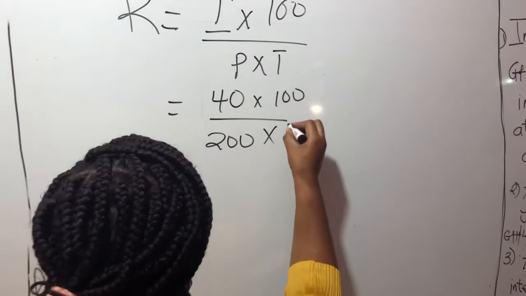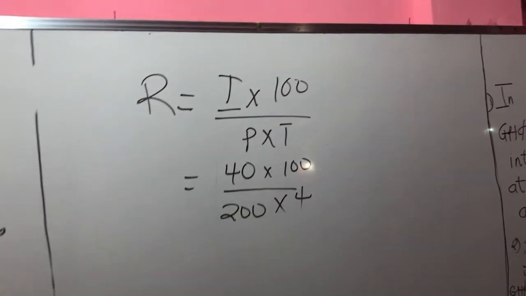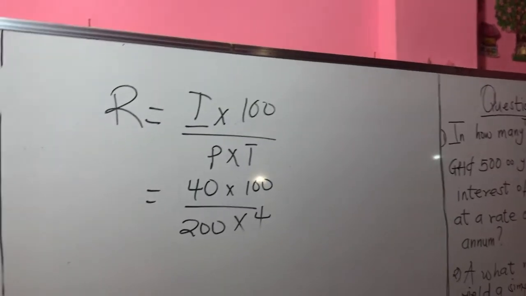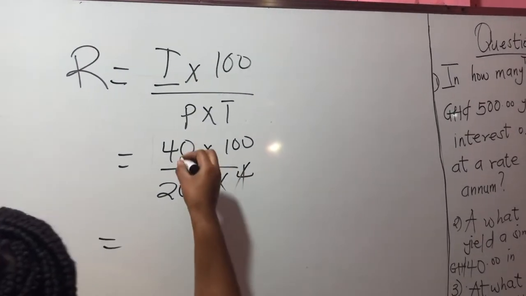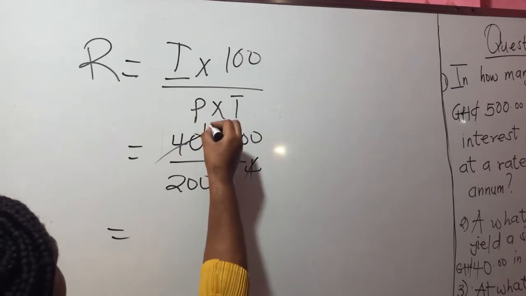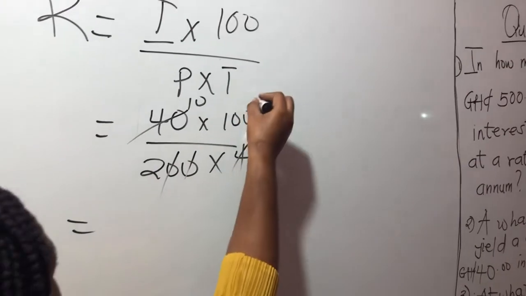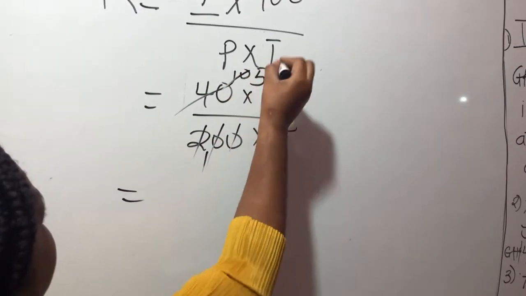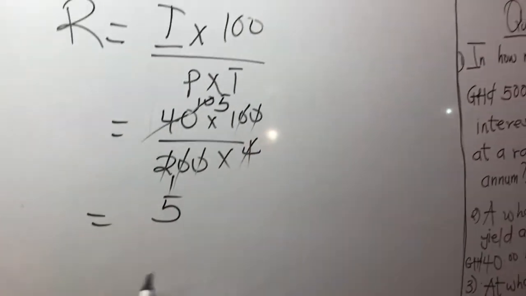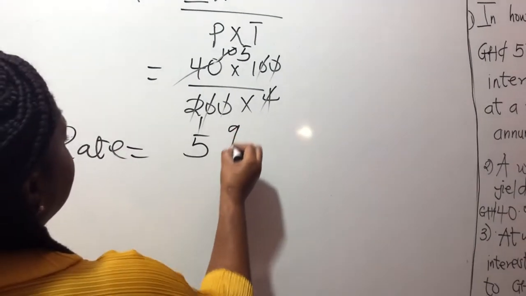My time is 4 years. Right? So let's try to cancel out. 4 here, 10. We have 0, 0, 0, 0. 2 here, 1, 2 here, 5. So our rate is 5%.